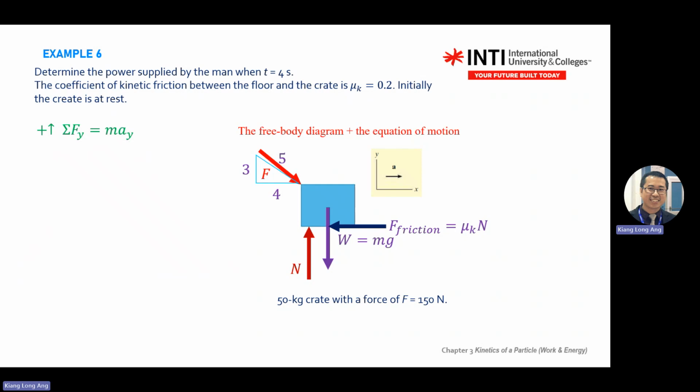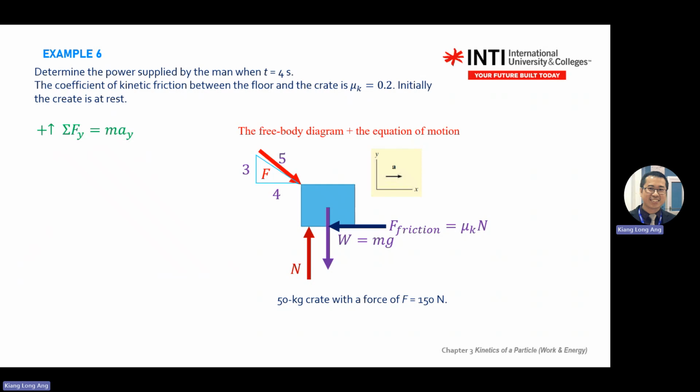So F, what are the forces you have in y? And W is what? Positive, negative? Positive n, negative W. What else? How do you convert this one?